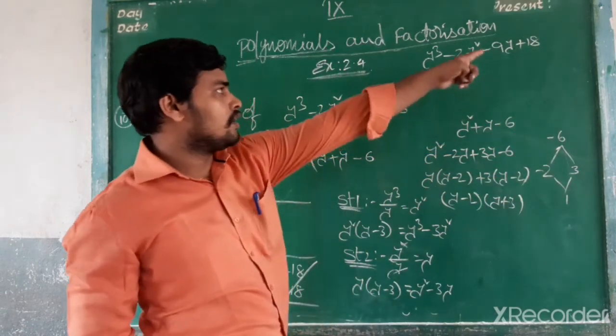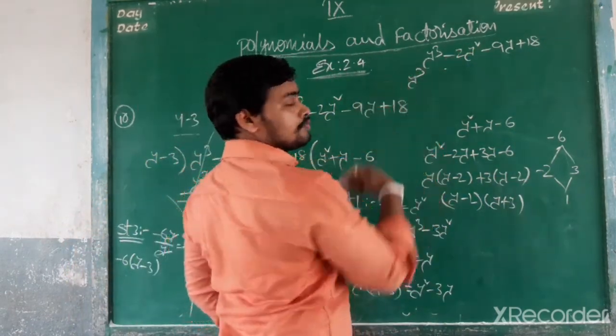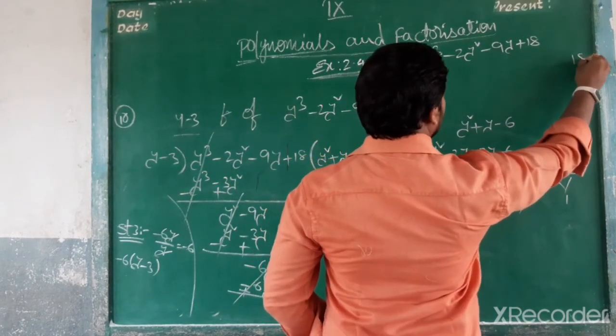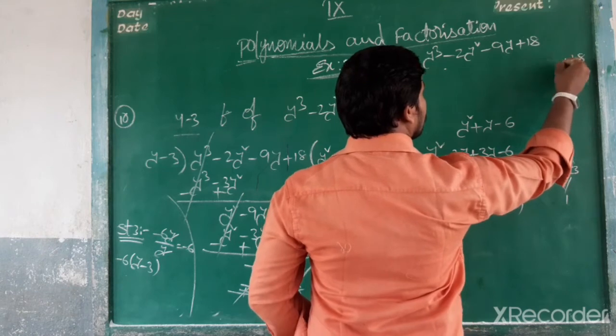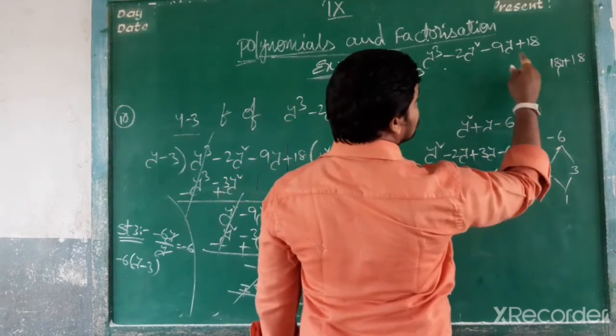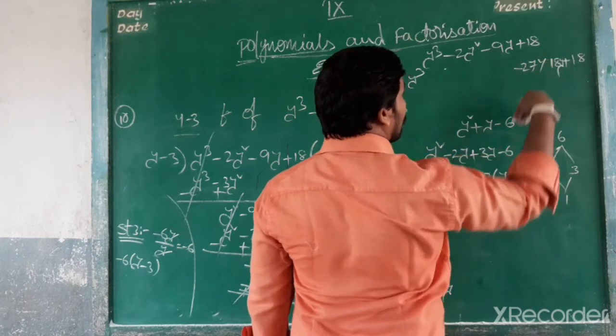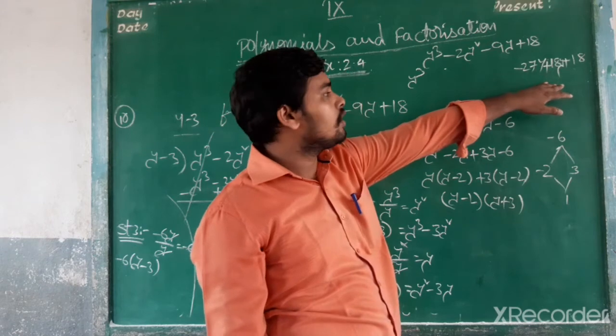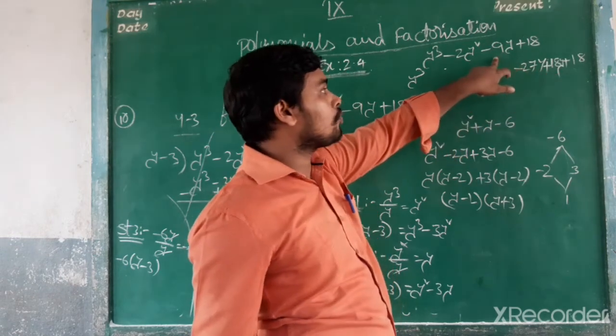Okay. Simply write y cube as y cube. 18 as 18y. But here minus 9y is there. So you have to write minus 27y plus 18y, that equals minus 9y.